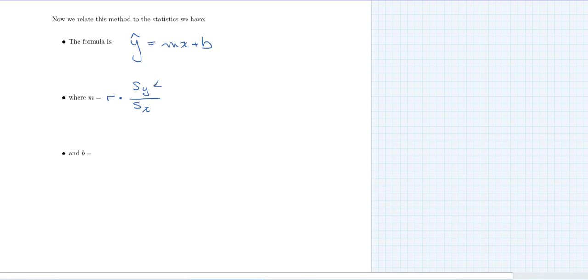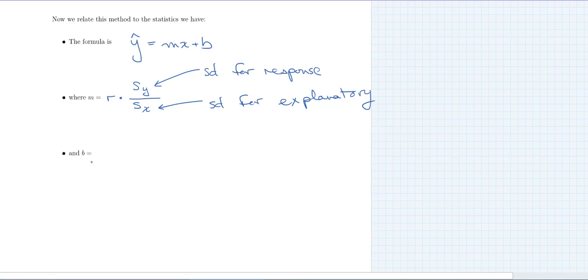And I guess I'll write out that this is the standard deviation for the response variable, just so you have that in your notes. And this is the standard deviation for explanatory variable. Okay. And then our b, what is the y-intercept, or the vertical axis intercept?